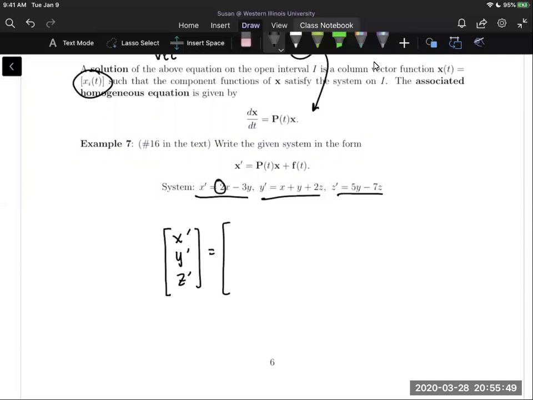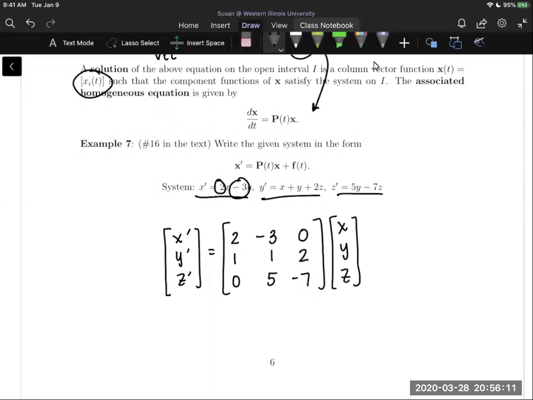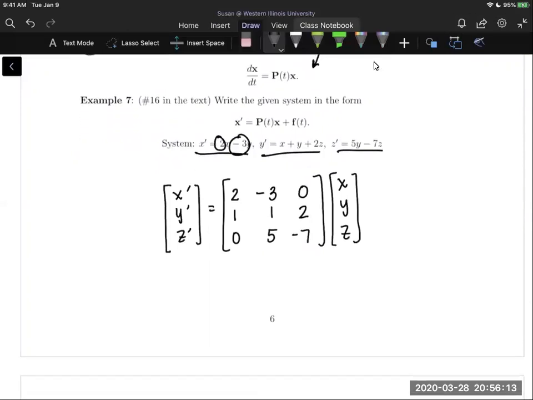For x, we have a 2 in the x, a -3 in the y, and 0 in the z. For y, we have 1, 1, 2, and for z, we have 0, 5, -7, and all of this is times x, y, z. Okay. Sometimes you'll see a notation in this format.